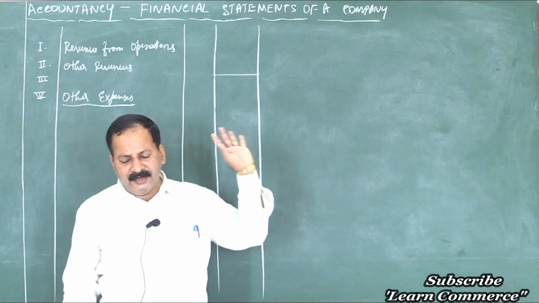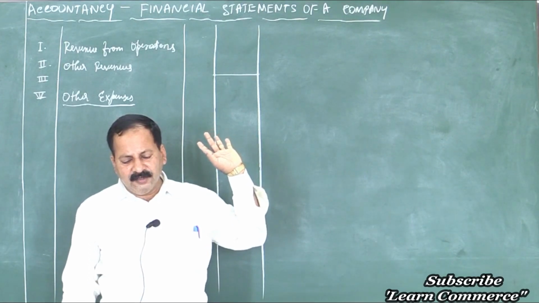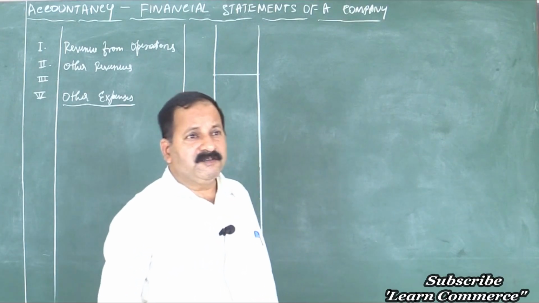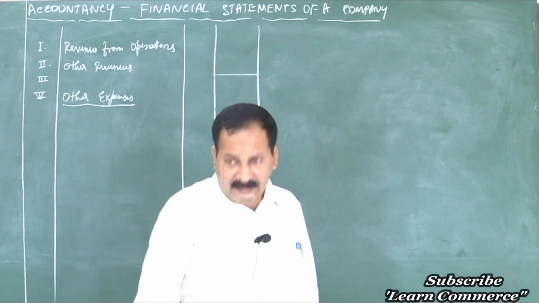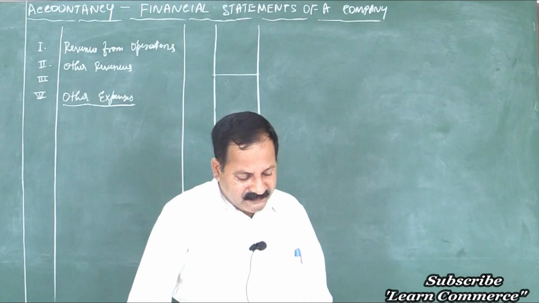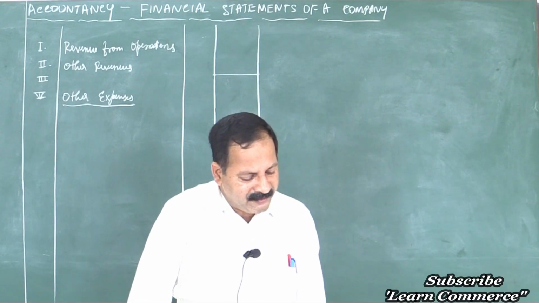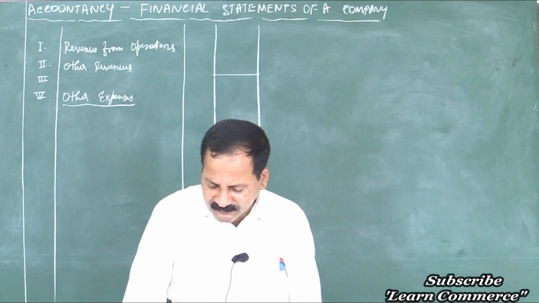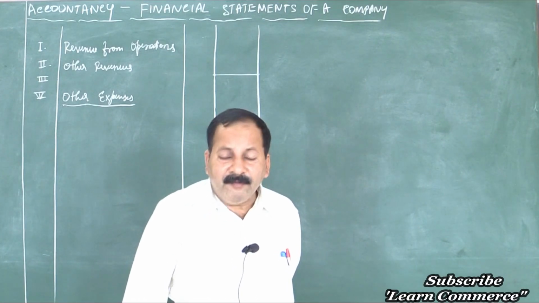Then extraordinary items will be deducted, like maybe sale of assets, all those things. Those will be taken into consideration as extraordinary items. When you deduct, you will get profit before tax, PBT.